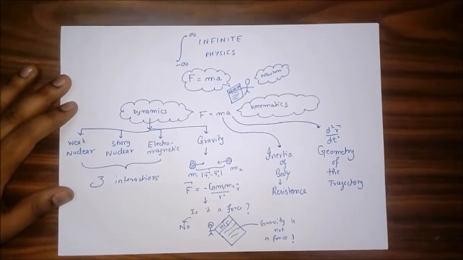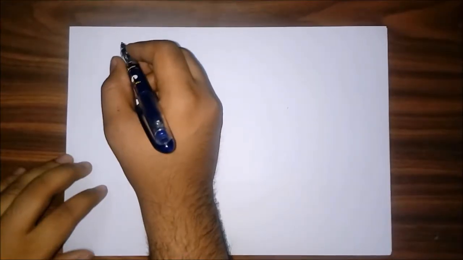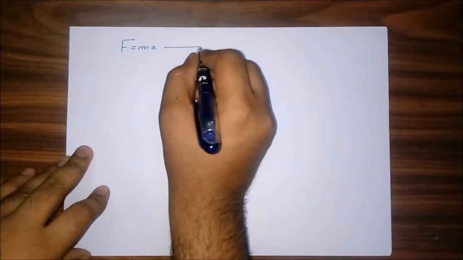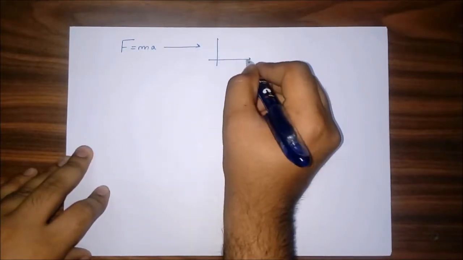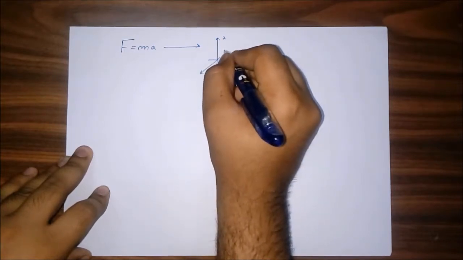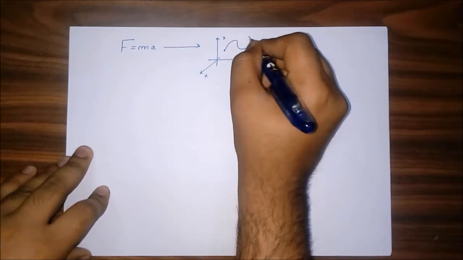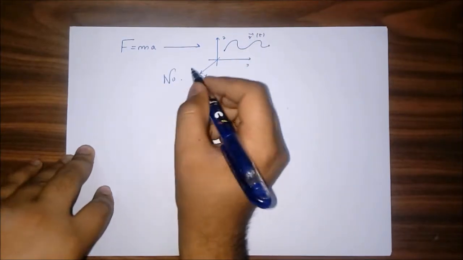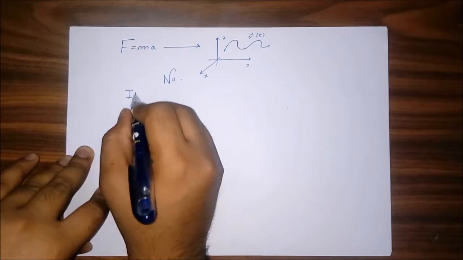So does knowing the F in F equals ma tell you the trajectory of any particle experiencing that force? The answer is no, because it's a second order differential equation. It needs two initial conditions to be satisfied.